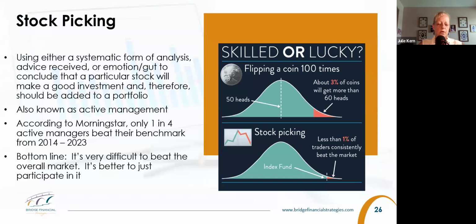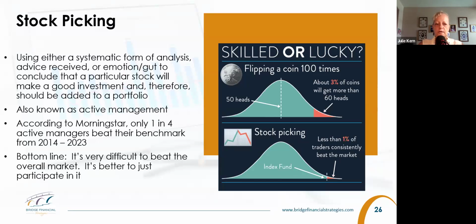But according to Morningstar, only 1 in 4 active managers beat their benchmark for the period from 2014 to 2023. That is just abysmal. That's an abysmal percentage of performance. The other thing is that active managers' funds cost more.